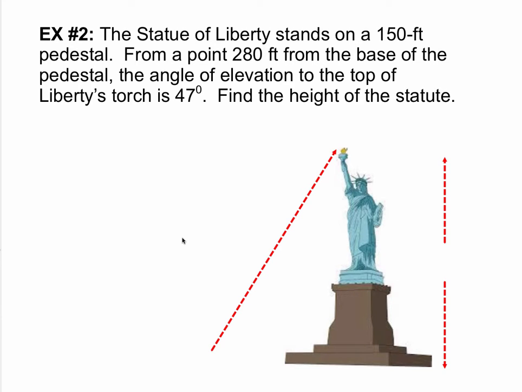Now, the Statue of Liberty stands on a 150-foot pedestal. So here is her pedestal. So this is a height of 150 feet. From a point of view, 280 feet from the base of the pedestal, the angle of elevation to the top of the Liberty's torch is 47 degrees.